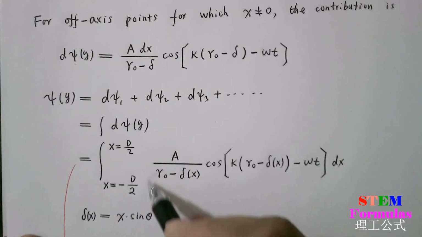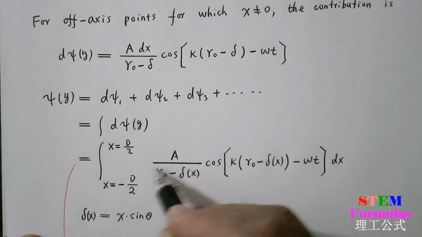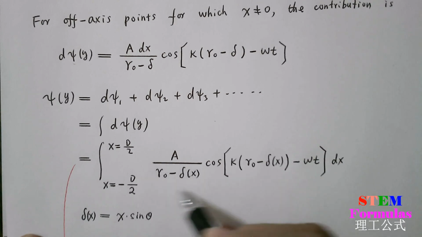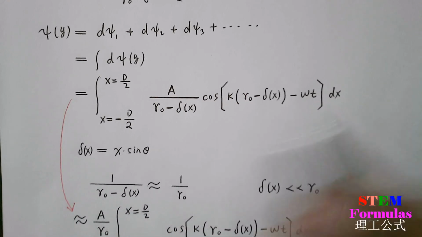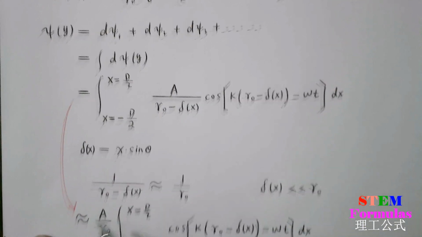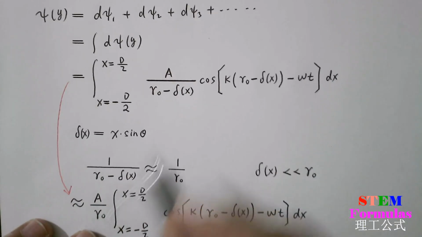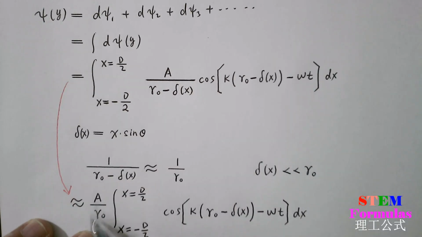If this is true, then the term at the bottom is not a function of x anymore. I ignore this delta, so I move a divided by R0 out in front of the integral sign.